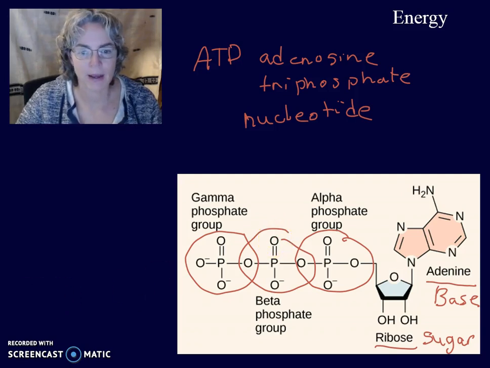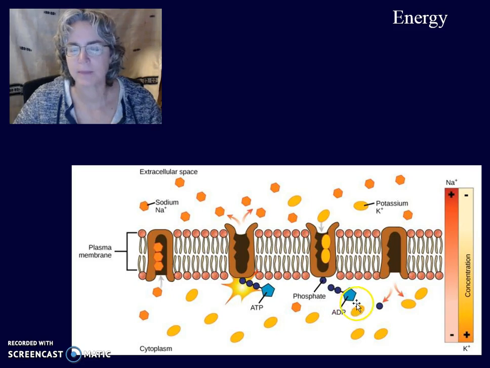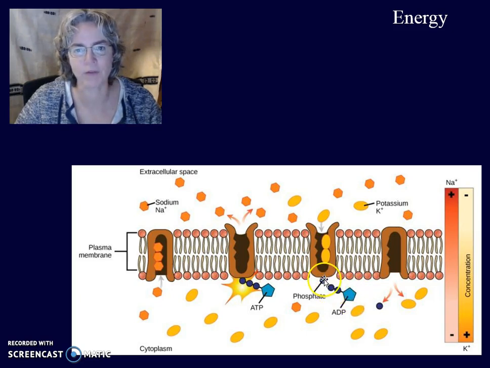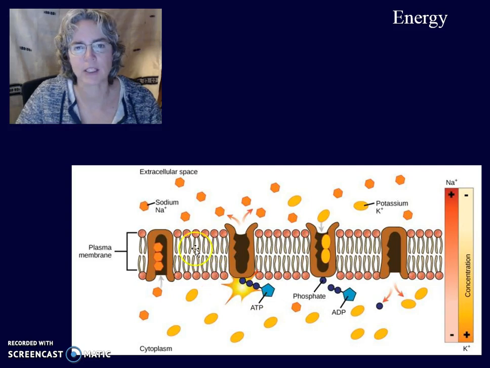So let's go back to this figure. Here's our ATP molecule. What we're seeing in this cartoon is just the sugar and then the 3 phosphate groups.